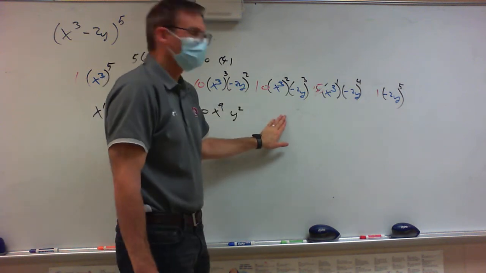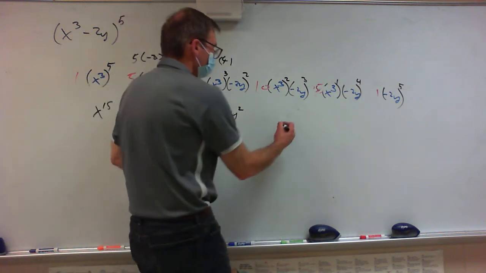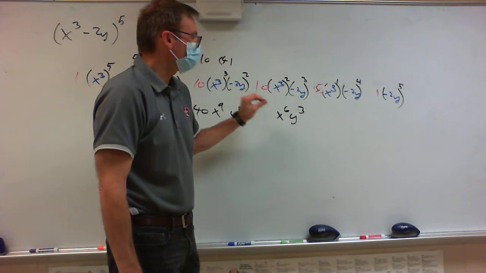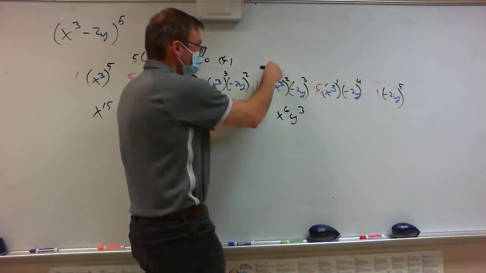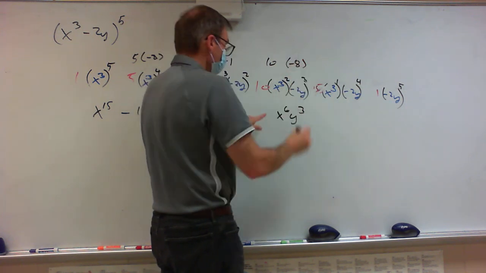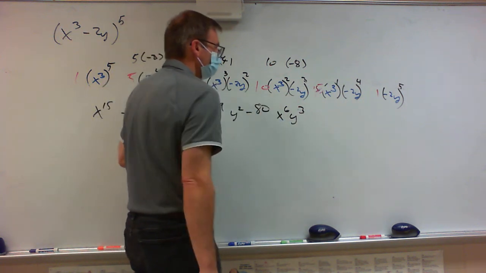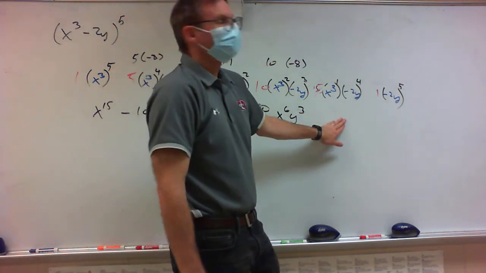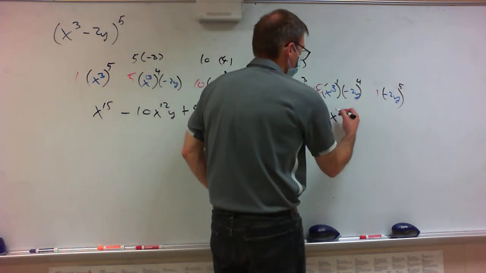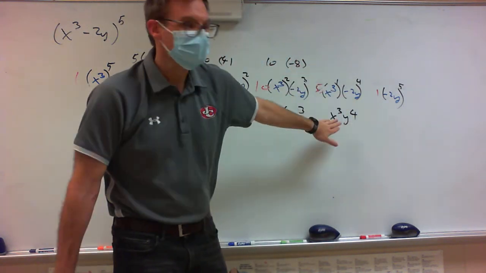Okay? So now, what are the letters here? X to the 6th, y cubed. And you want to think of, what are your numbers? There's a 10, and then I have negative 2 cubed, which gives me a negative 8. So what goes here? Negative 80. What are the letters? X cubed, y to the 4th. Now what are the numbers?